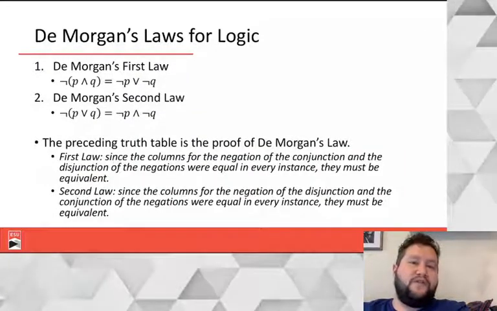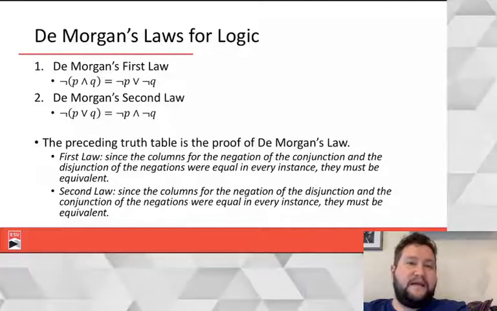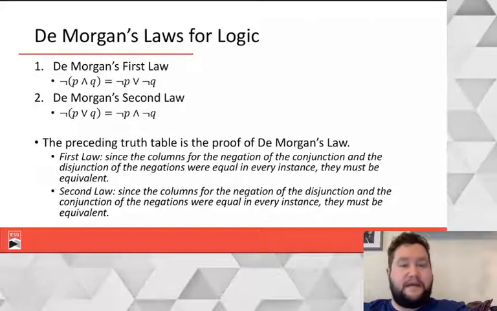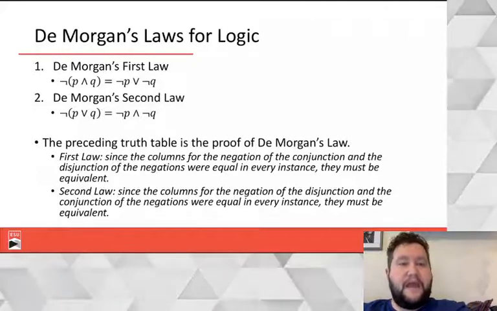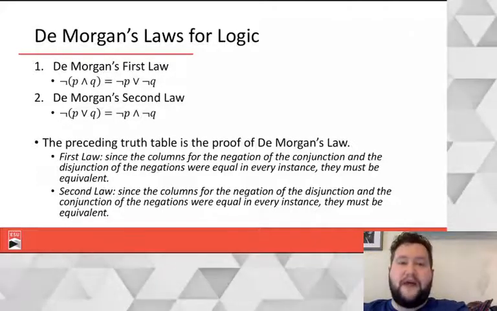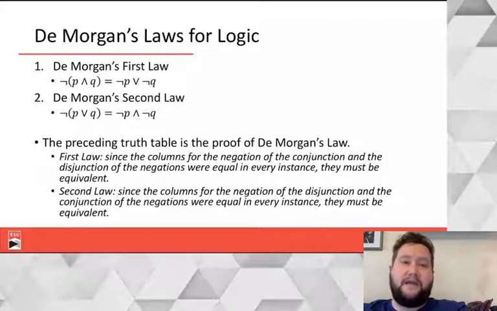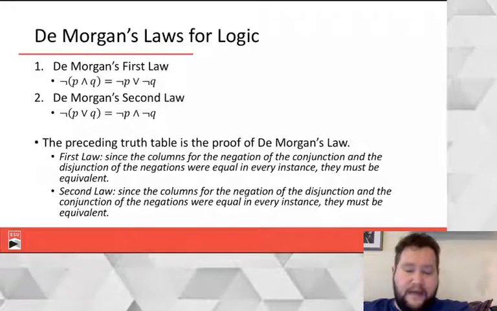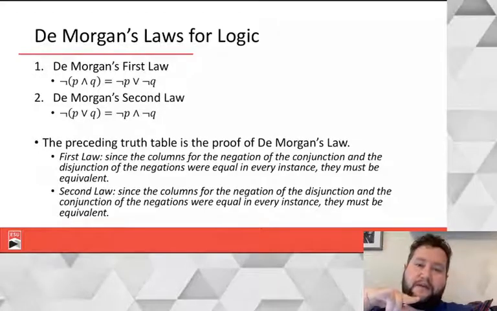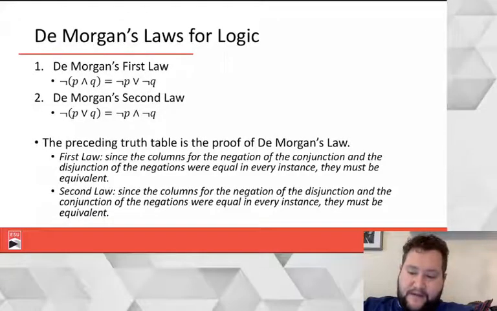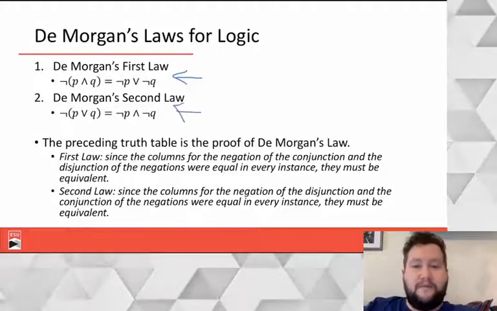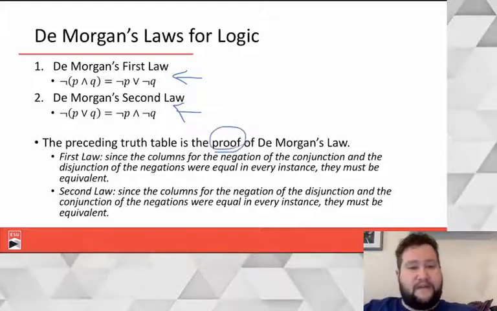De Morgan's first law says that not P and Q is not P or not Q. And the second law says that not P or Q equals not P and not Q. And that table, showing that those two columns were equal in each case, is actually the proof of this law.